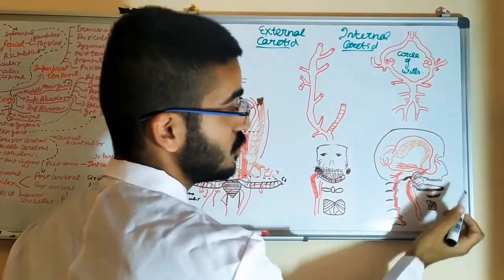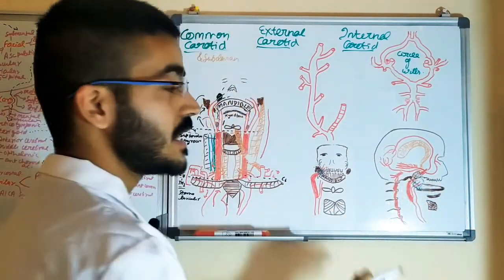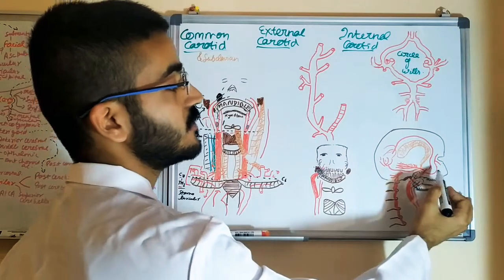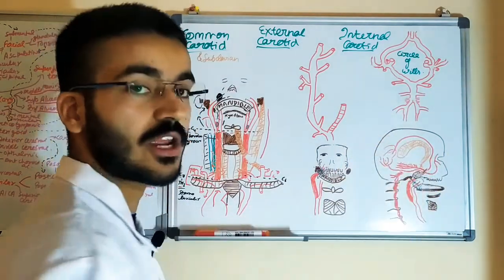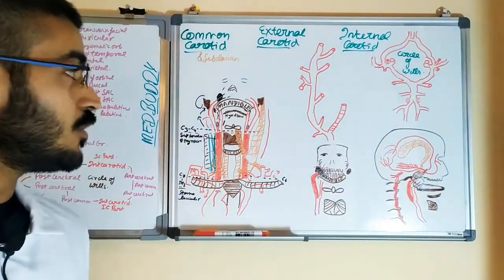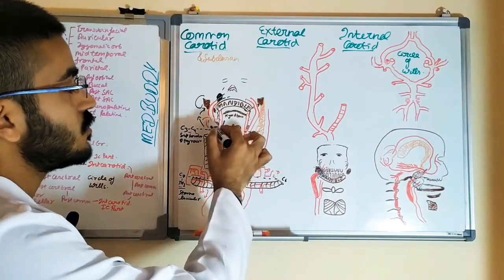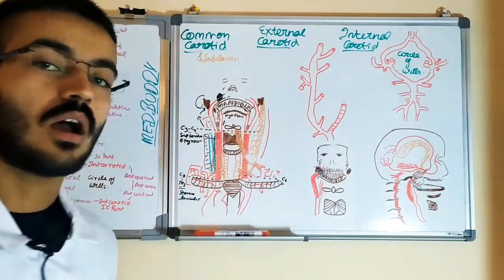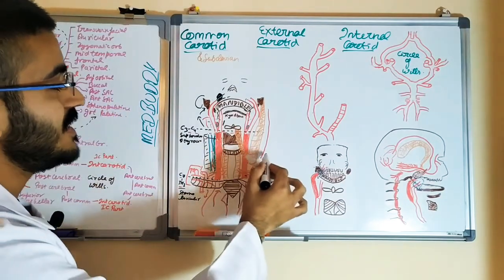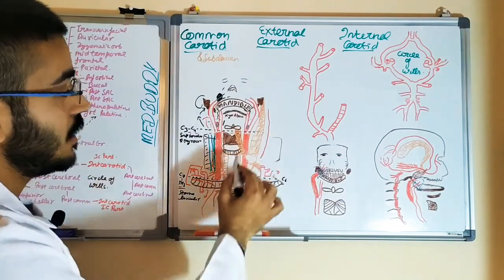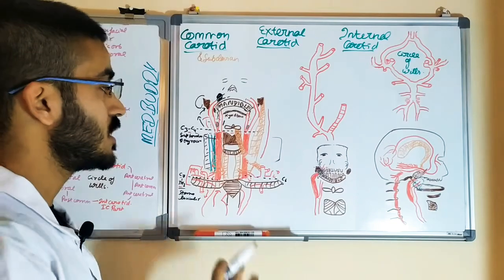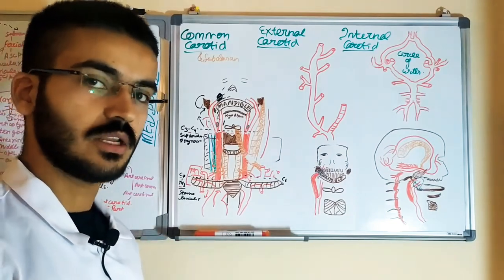Then it moves into the cavernous sinus. Right after exiting from the cavernous sinus, it gives several branches that supply the brain. Now let's talk specifically about the external carotid and the internal carotid artery. Within the neck region, the common carotid artery does not give any other branches generally.